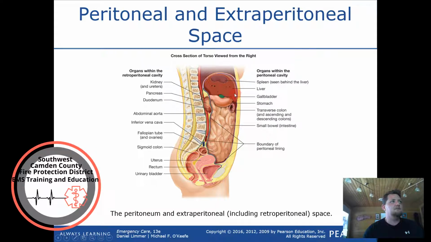That's your peritoneum. Your kidneys, your ureters, your abdominal aorta, all of that is retroperitoneum, and it sits outside of this cavity. And then your bladder and part of your rectum sit outside of that cavity as well.